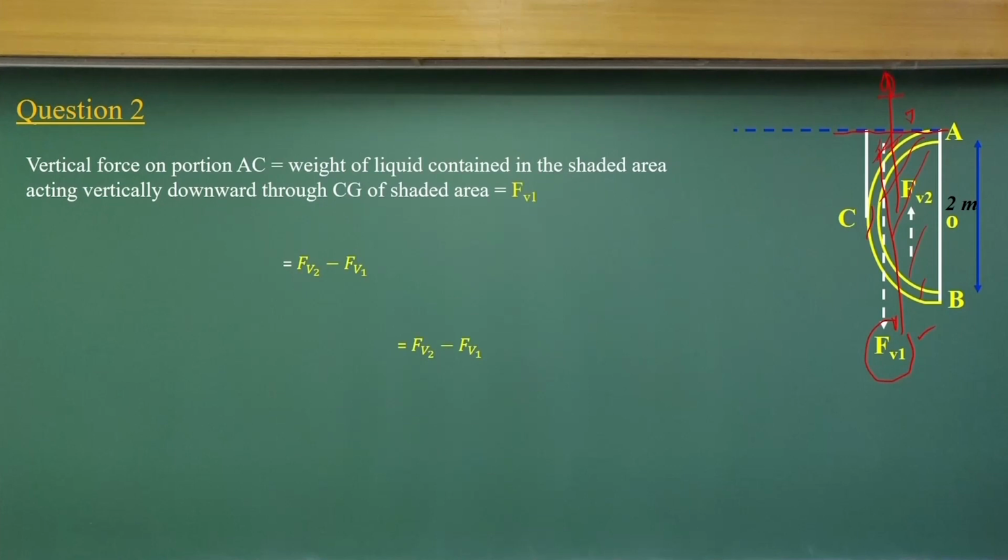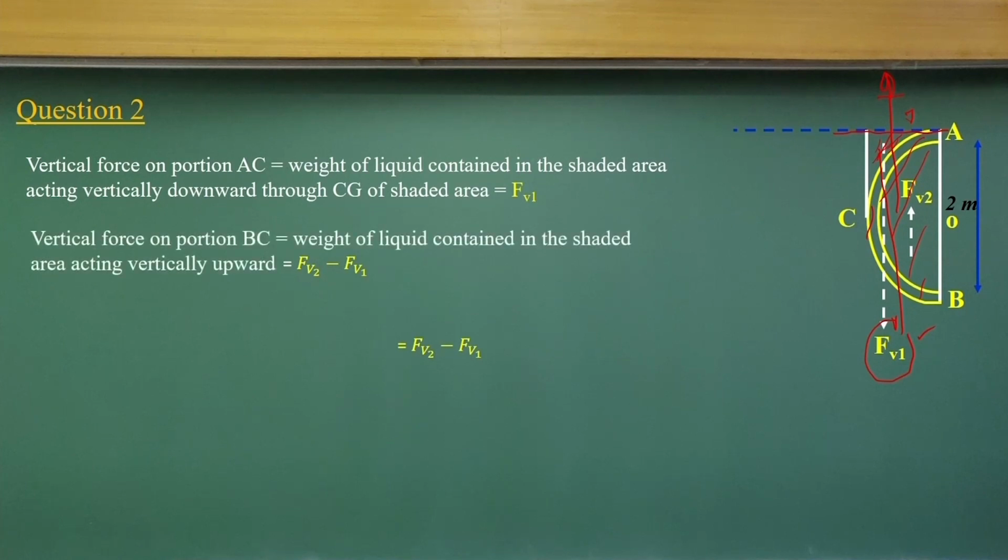As you know, Fb2 will be higher than Fb1 as more liquid is displaced by this curved surface. Let me compute it. The vertical force on portion AC is the weight of the liquid contained in the shaded area acting vertically downward through its CG, that is Fb1.